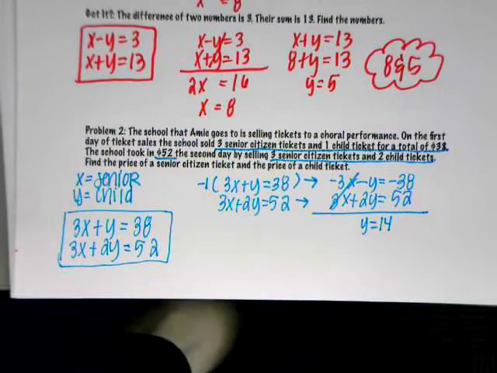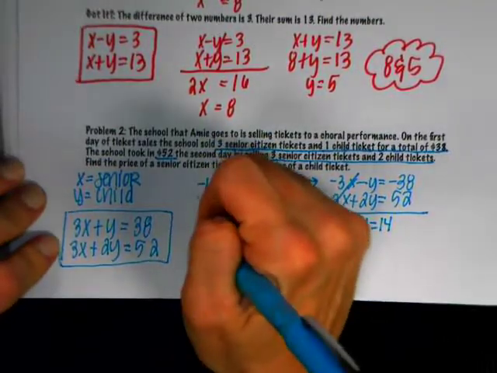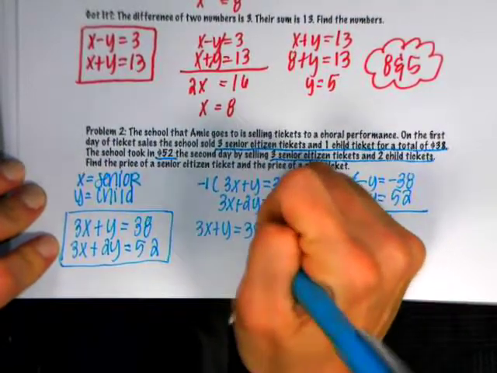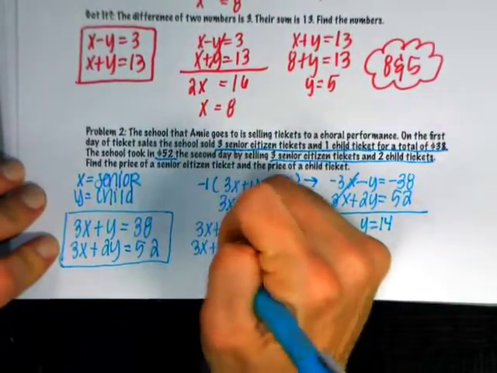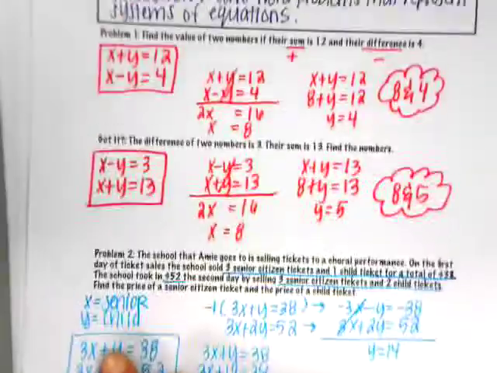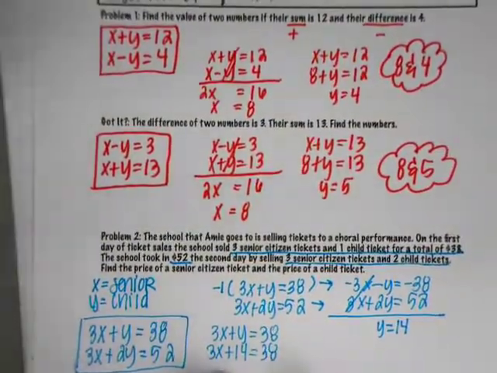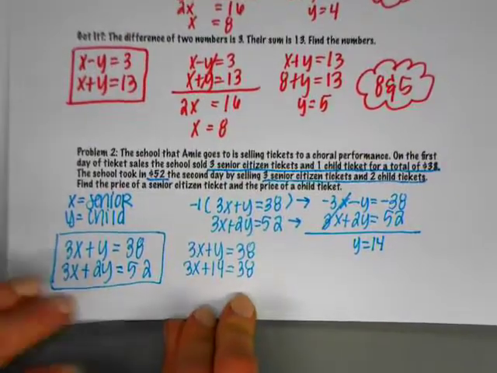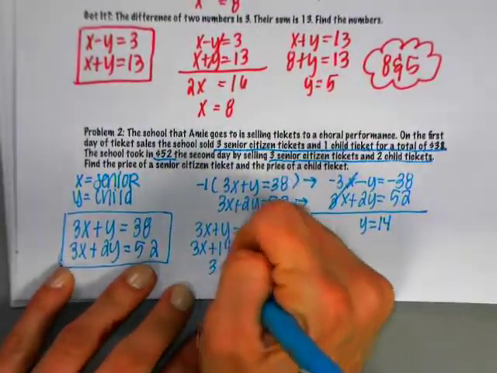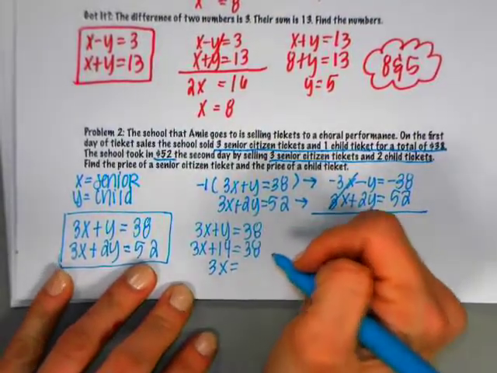Okay, and then you're going to plug it back in. I'm going to use the top one. 3x plus y equals 38. 3x plus 14 equals 38. Okay. Subtract 14, so 3x equals 24.